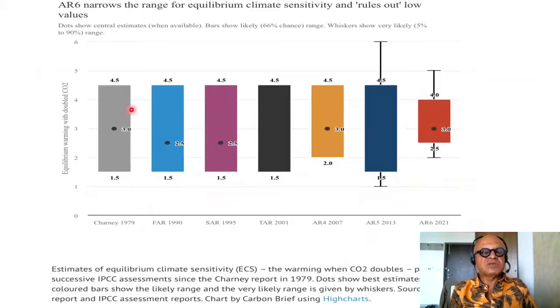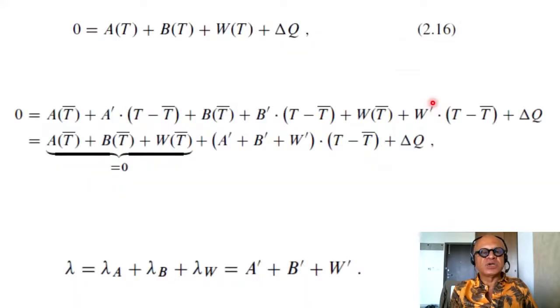So the main message is that the estimates of climate sensitivity have changed, and they have improved in terms of quantifying the uncertainties, but it still remains a very critical and challenging issue for modeling, which means it is a very big challenge for projections as well.